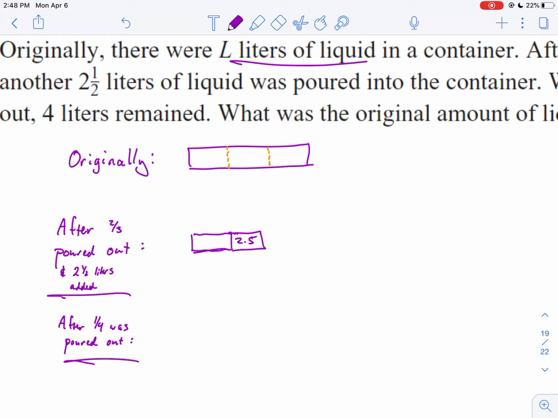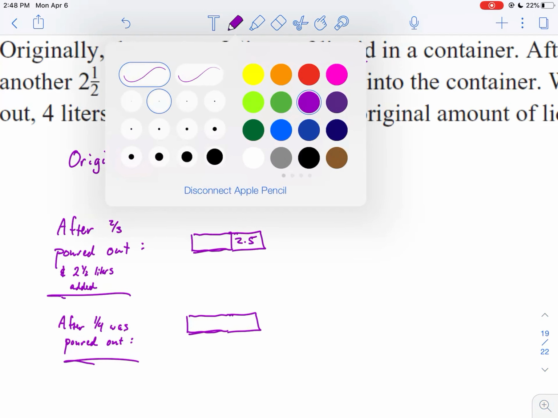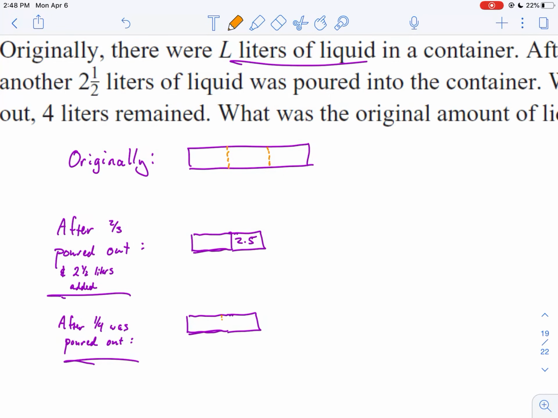So I'm just going to put a 2.5 on here. Then from there, 1/4 of that amount was poured out. So I'm going to actually just copy this. 1/4 of that was poured out. So cut it in half.